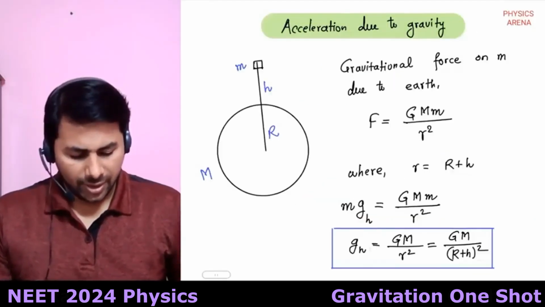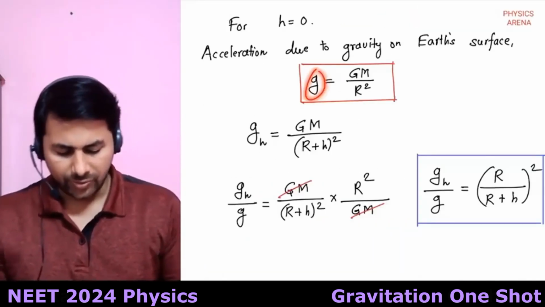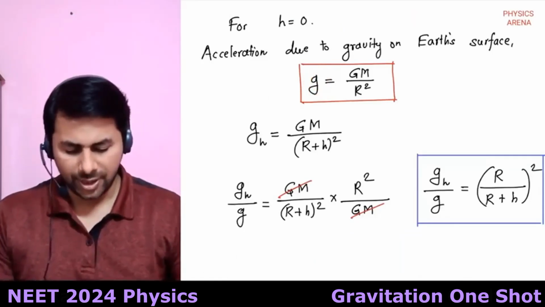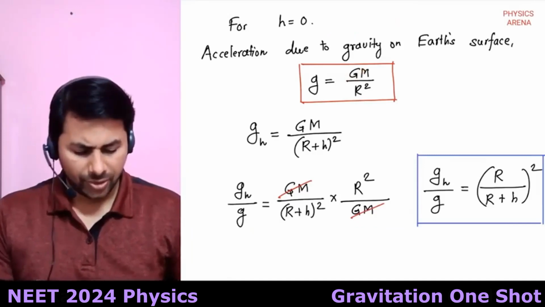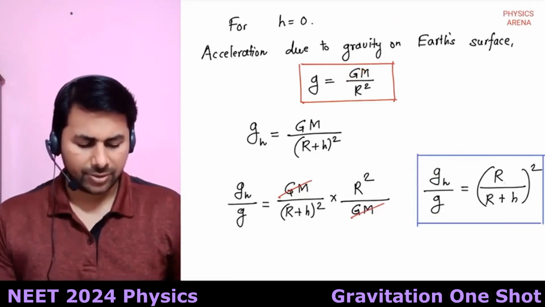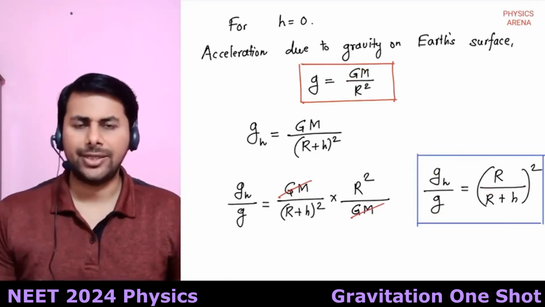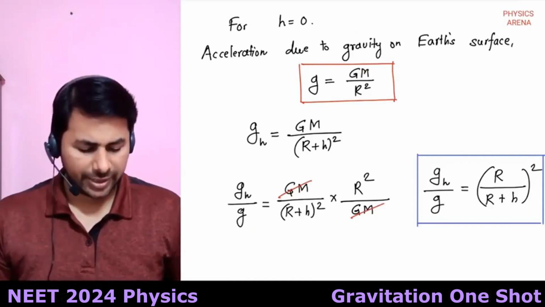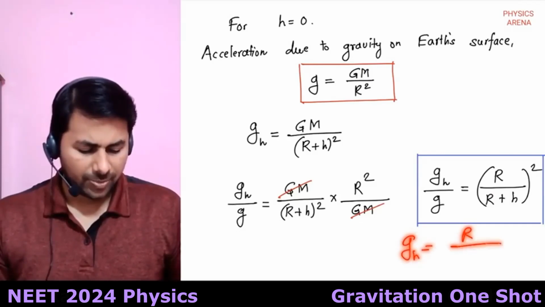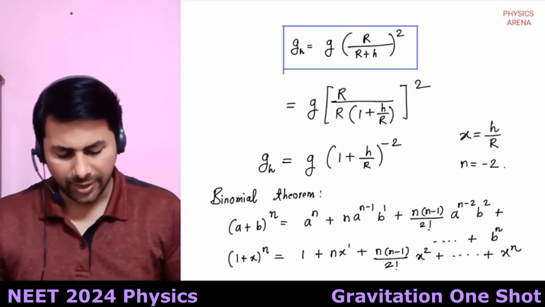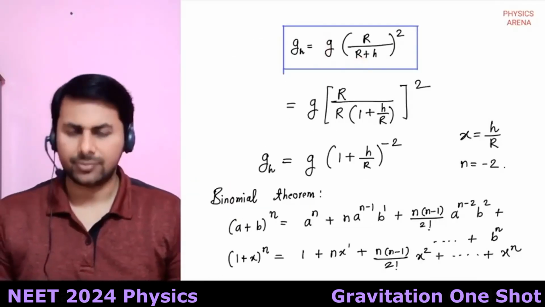You divide this with this, what will you get? GM and GM will get cancelled out, and you get gh upon g is equal to R upon R plus h, squared, or you can say gh is equal to R upon (R plus h) squared multiplied by g.